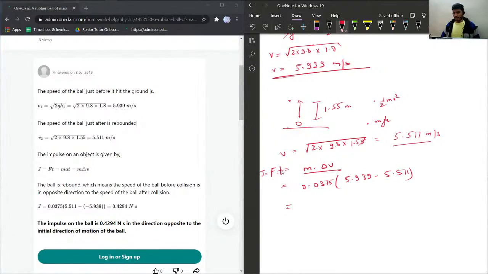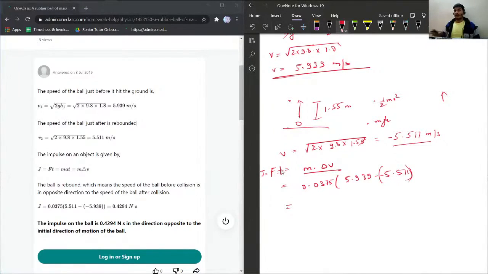I made a mistake here. This velocity was going downwards and this velocity is going upwards, so there should be a change in sign. Actually these both will add up, because one is coming downwards and one is going upwards.